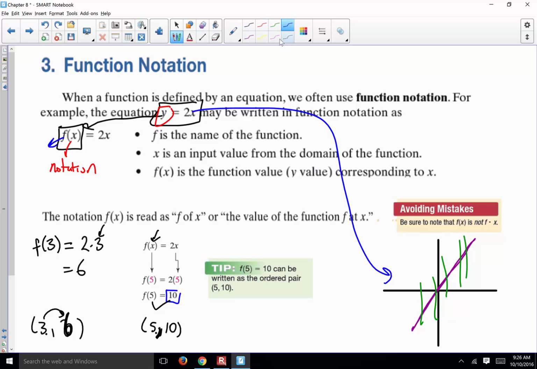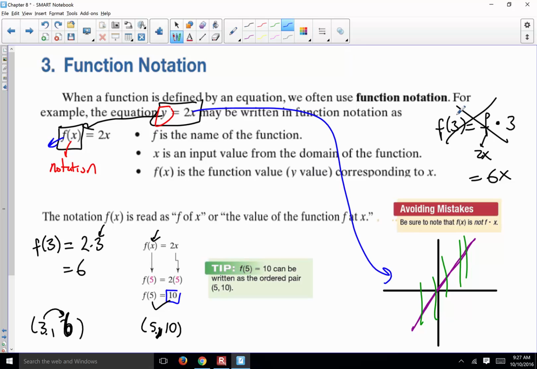Okay, here are a couple misconceptions. Most people think when I put f of 3, oh, we need to multiply f by 3. And they take f notation here, 2x, and multiply 2x by 3. They make 6x. Wrong. This doesn't mean multiplication.